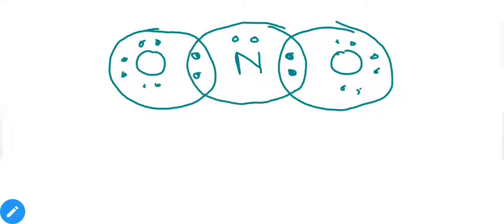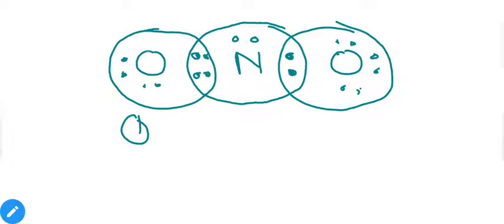Around the nitrogen we have only 6 electrons. So one of these two oxygens will share its electron pair with nitrogen to complete the octet of nitrogen. That means we have to remove one of the electron pairs. Let us say the first oxygen shares a pair like this.